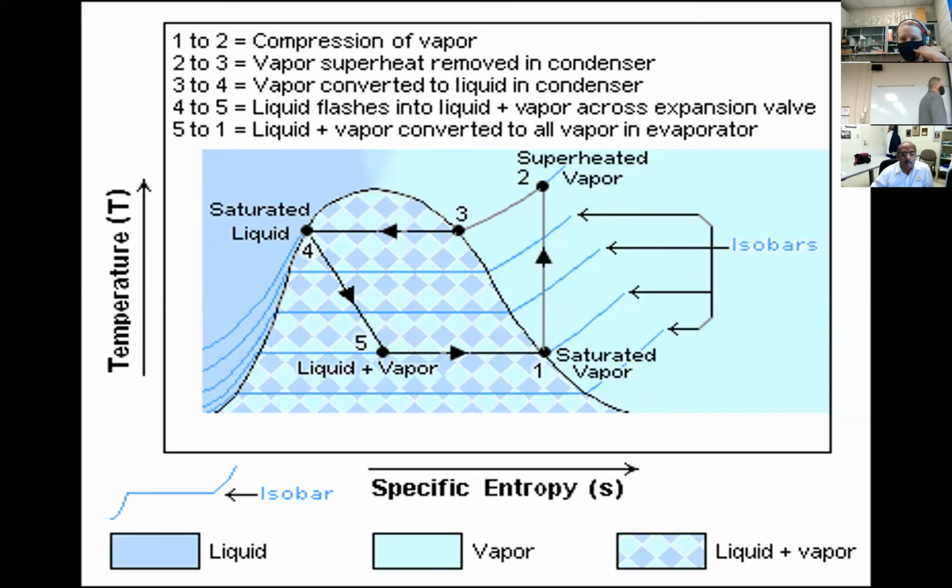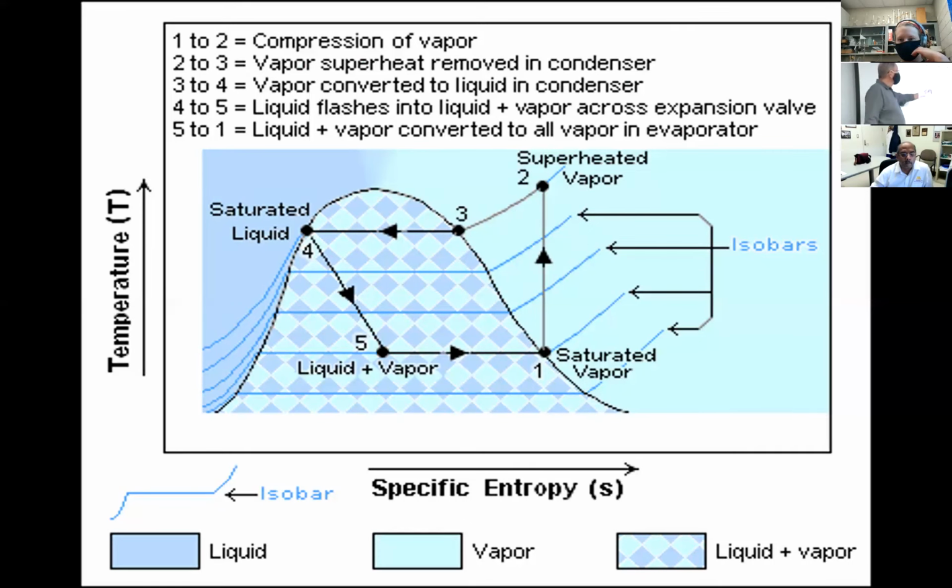If we start down here at number 5 on the lower right-hand side, we have just gone through our expansion valve and we have our liquid vapor flowing, that bottom arrow, through the evaporator, taking up heat. So we're now at the coolest point. Then we have our saturated vapor. And again, the entropy is a very random arrangement here because it's vapor.